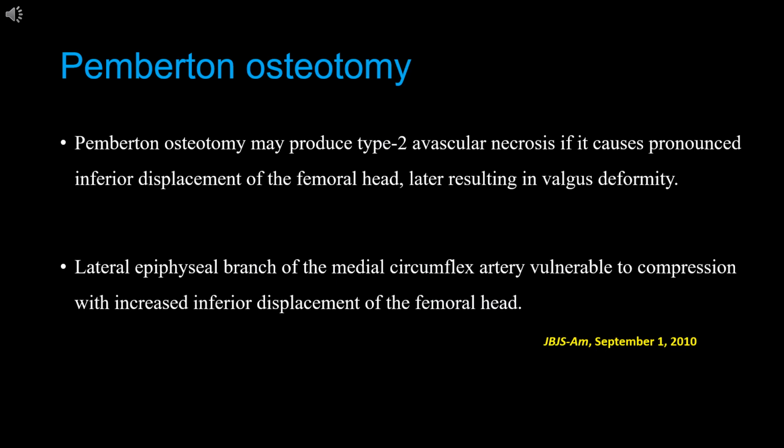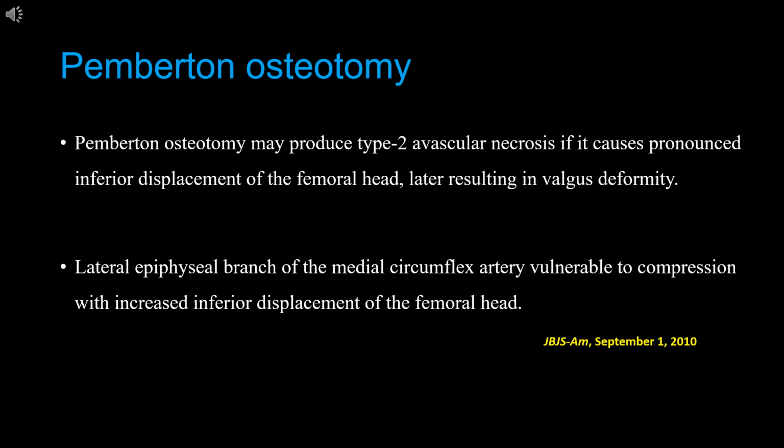Pemberton osteotomy. The Pemberton osteotomy may produce type 2 avascular necrosis if it causes pronounced inferior displacement of the femoral head, later resulting in valgus deformity. A study published in JBJS in 2010 showed significant correlation between excessive reduction of the femoral head and development of AVN.